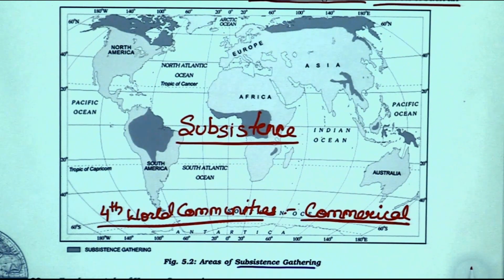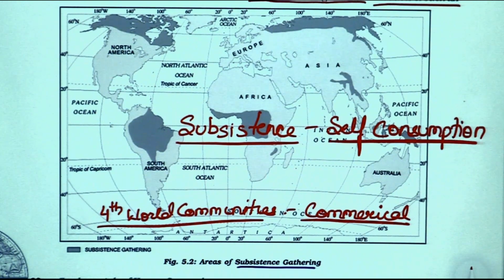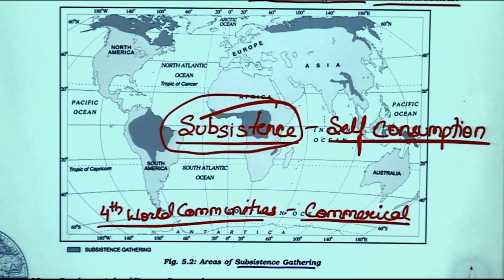And subsistence type is essentially applied to denote self-consumption. I am producing, I am gathering, I am hunting for my self-consumption. So essential match for gathering will be subsistence type.